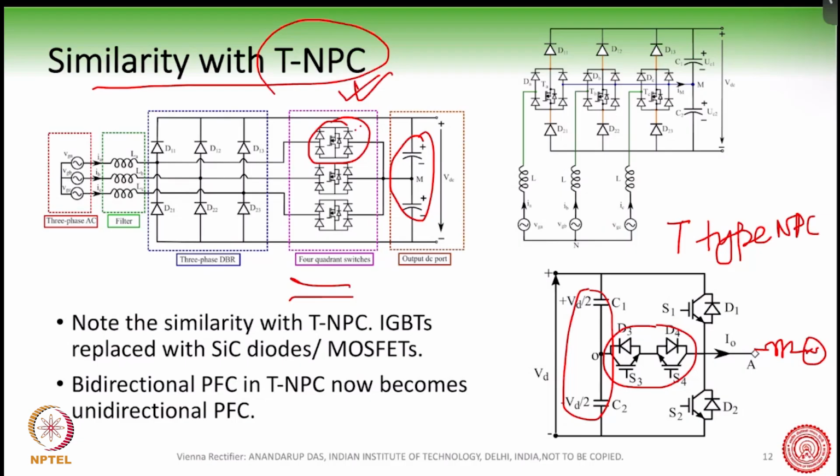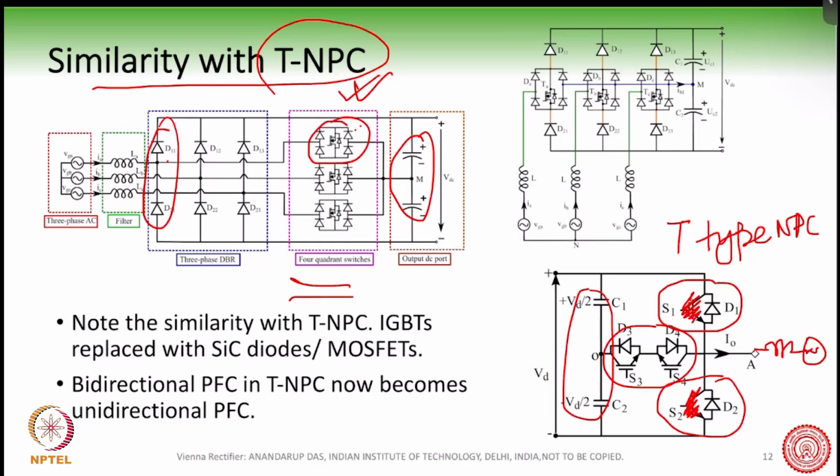Now, after that, what we find here is that we have these two diodes in phase A. If I compare the phase A of this NPC, we had this switch, but now suppose I remove these IGBTs here. What do we get?